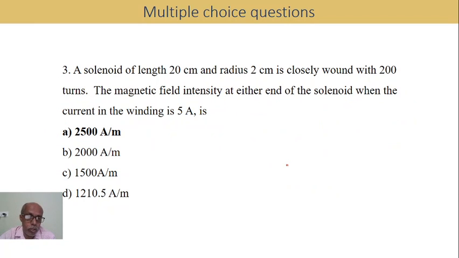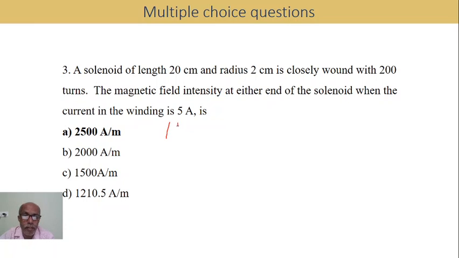Coming to the third MCQ, a solenoid of length 20 cm, radius 2 cm, is closely wound with 200 turns. The magnetic intensity at either end of the solenoid when the current in the winding is 5 ampere is? We have the expression for magnetic intensity.